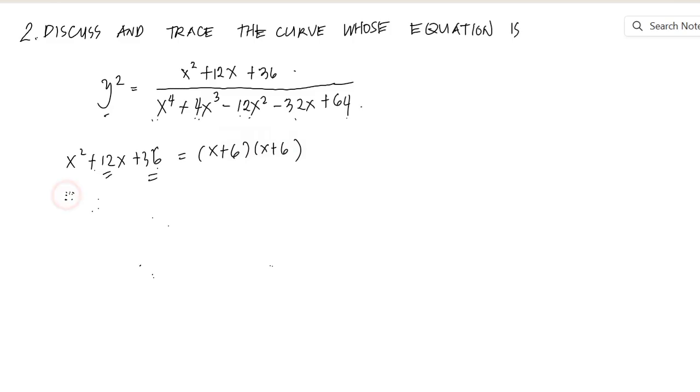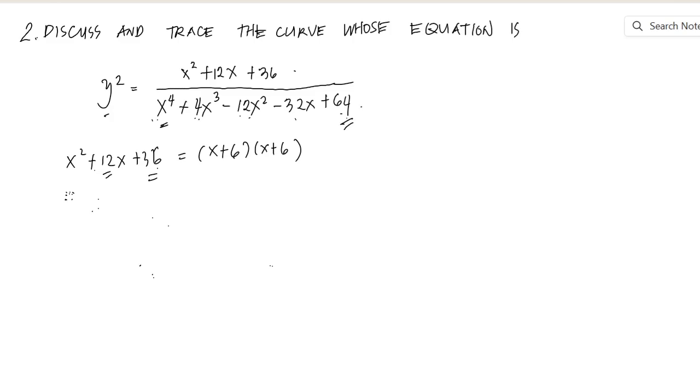For the denominator, since we have degree 4, we cannot make use of the calculator to solve for the roots. So we look for the factors of the constant. Since we have 64, that would be divisible by 2, 4, 8, 16, 32.